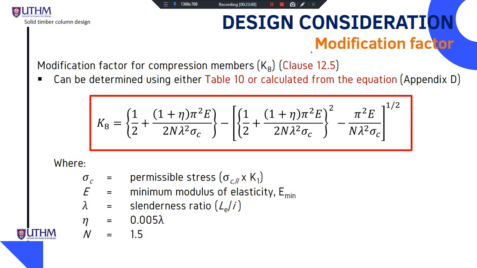Next is the modification factor. Before we go further to the modification factors for column design, let's refresh the design for beams. In timber beam design, we have seen K1, the duration of loading.